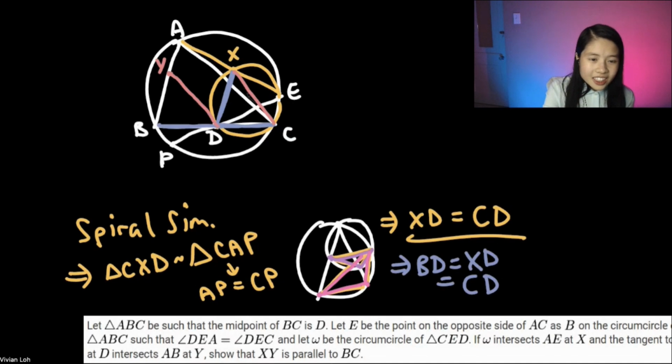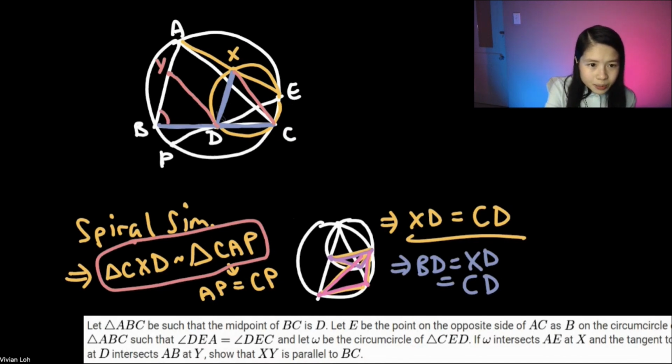Now actually the rest of this problem is just angle chasing. But we also might want to use this piece of information. Do you agree that it would suffice to show that angle YBD is equal to angle XDC?